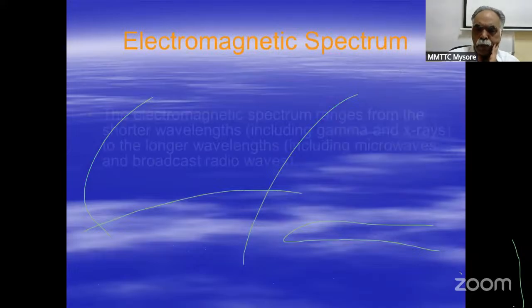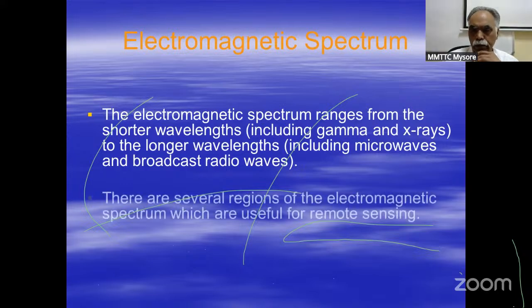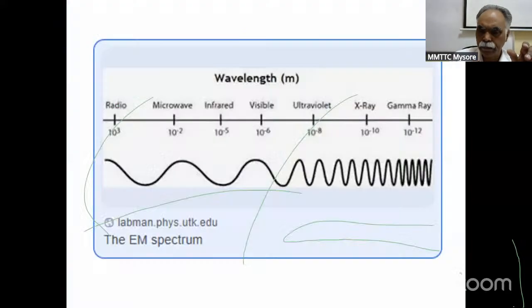So let us know about the electromagnetic spectrum. The electromagnetic spectrum ranges from the shorter wavelengths, including gamma and X-rays, to the longer wavelengths, including microwaves and broadcast radio waves. There are several regions of the electromagnetic spectrum which are useful for remote sensing, because the electromagnetic spectrum is a very big range of wavelengths. In that, only a particular part is useful for remote sensing.